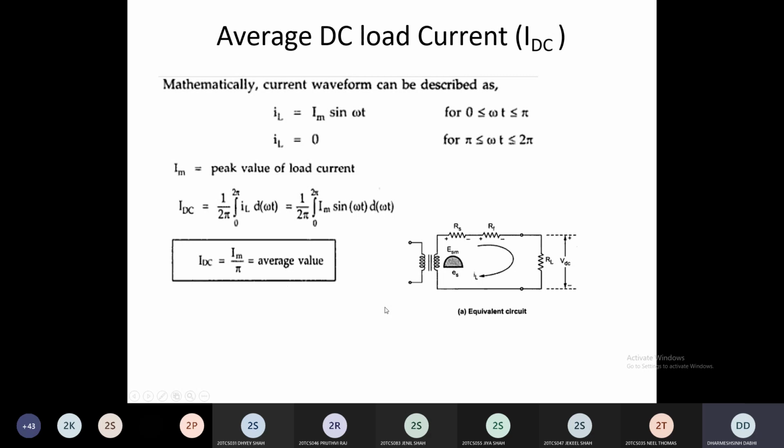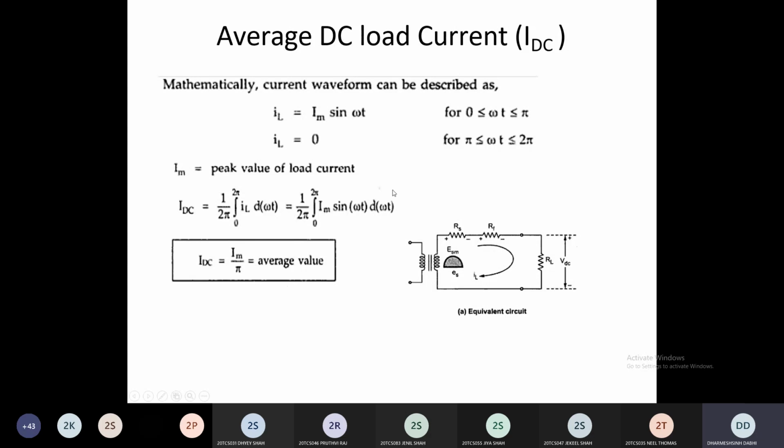So let's see what is the value of the maximum current flowing into this half wave rectifier circuit. It is the same half wave rectifier circuit, but here it is represented in terms of resistance. On the secondary side, Rs represents the secondary winding resistance, and Rf represents the forward conduction resistance of the diode, because your diode itself has internal resistance.